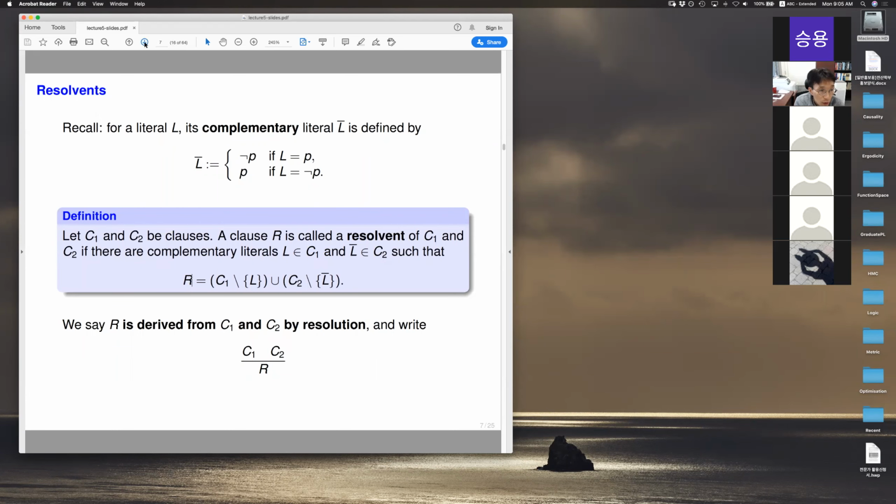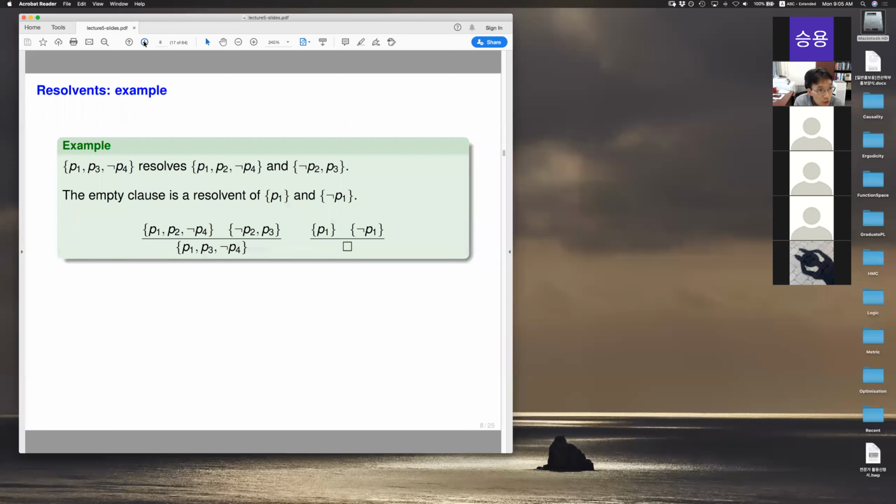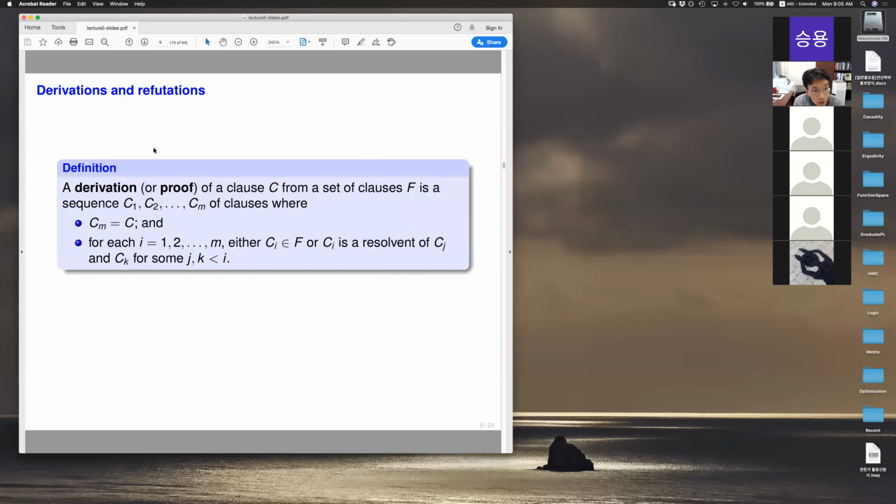A proof in the resolution proof system, sometimes called a derivation, is nothing but a sequence of clauses.